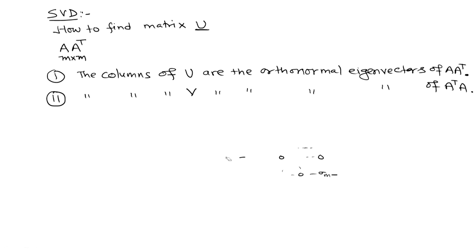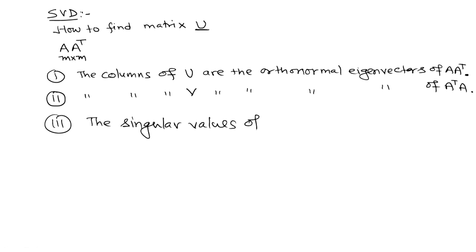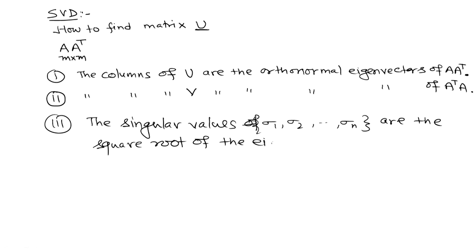Now, how to find out S. S will contain the singular values of the matrix A, that is sigma 1, sigma 2 up to sigma n, which are the square roots of the eigenvalues of A into A transpose or A transpose into A, because both will have the same eigenvalues.